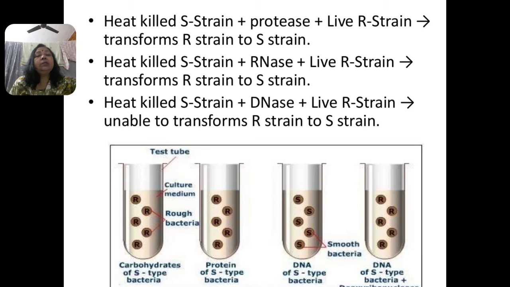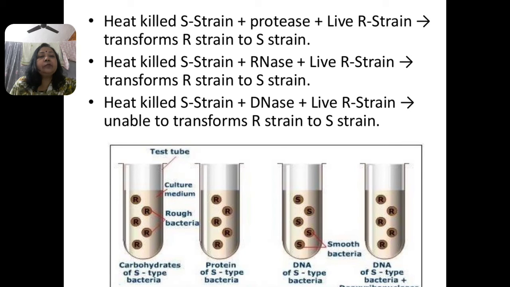In the first step of this experiment, heat killed S strain is treated with the protease enzyme and live R strain is added. It transformed R strain to S strain. Then in the second step, heat killed S strain with the RNase enzyme, responsible for digesting the RNA, and live R strain.